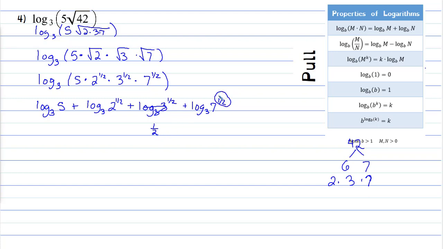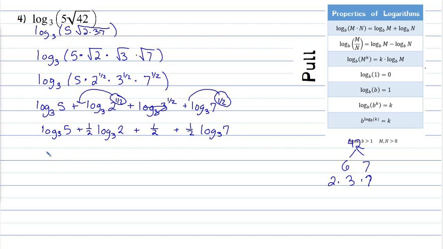On these others, we can move the power to the front. And so we end up with log base 3 of 5 plus 1/2 log base 3 of 2 plus that 1/2 plus 1/2 log base 3 of 7.